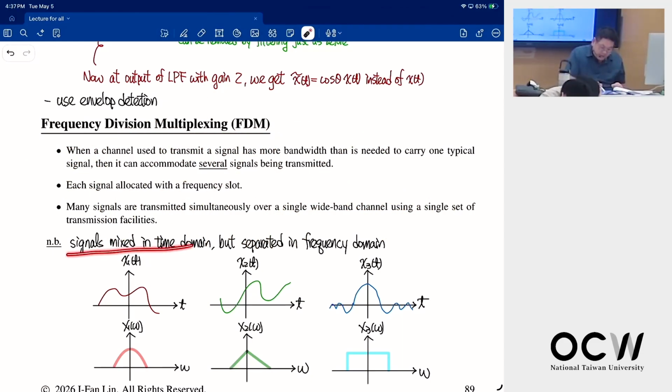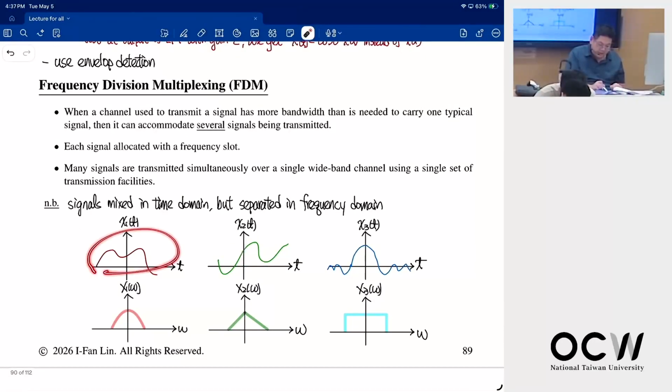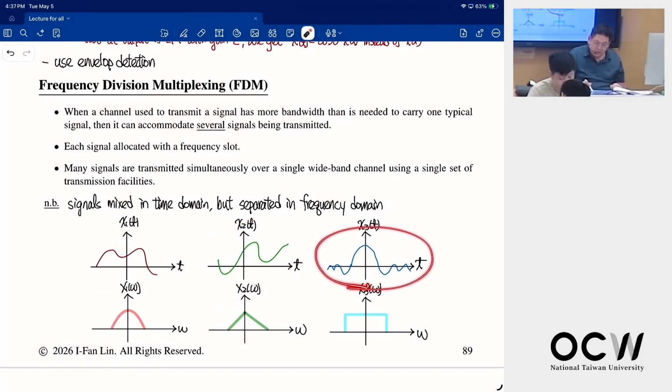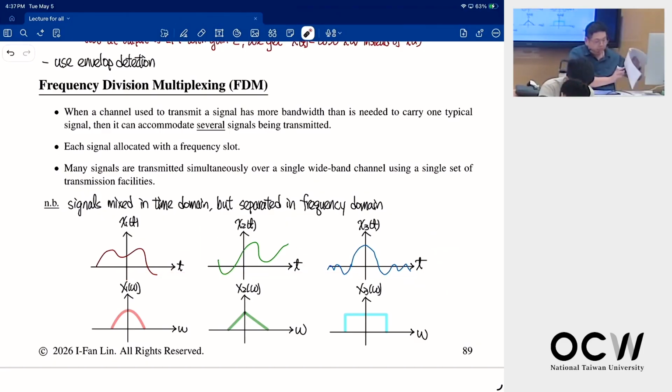The signals may mix in the time domain, but they can separate in the frequency domain. How? Suppose I have 3 signals. Signal 2 is a triangle. Signal 3 is a sinc function, so I have a square. If I have these 3 signals in the time domain, you can see how messy it is. But now in the frequency domain, what should we do?